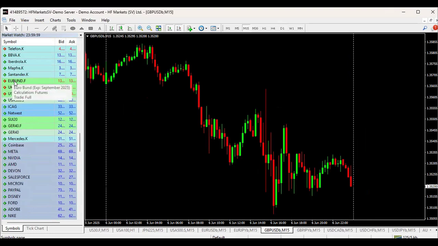You can see, for example, this is called Euro bond. This is another asset, Telefonica.